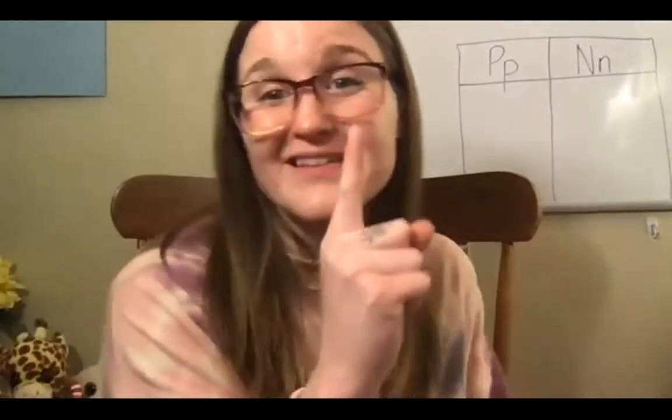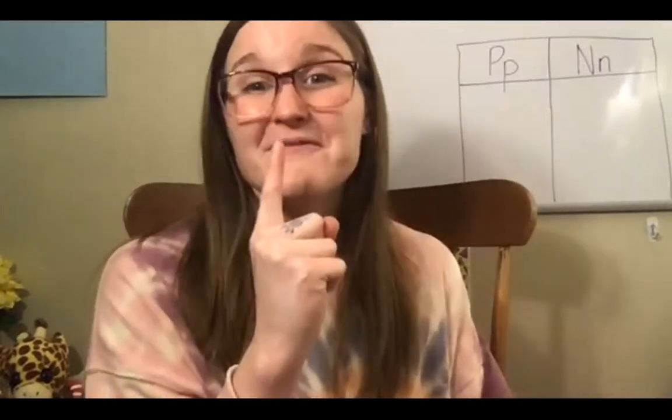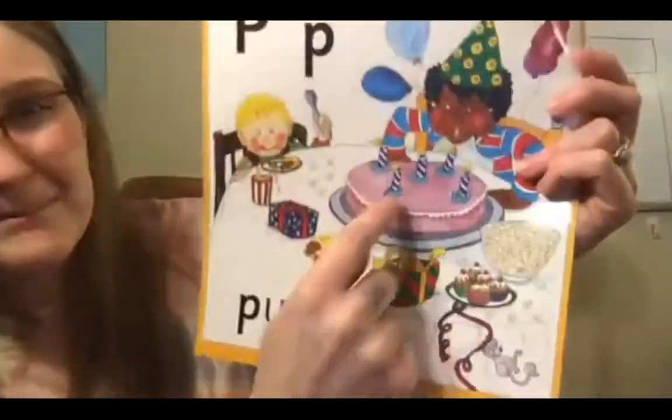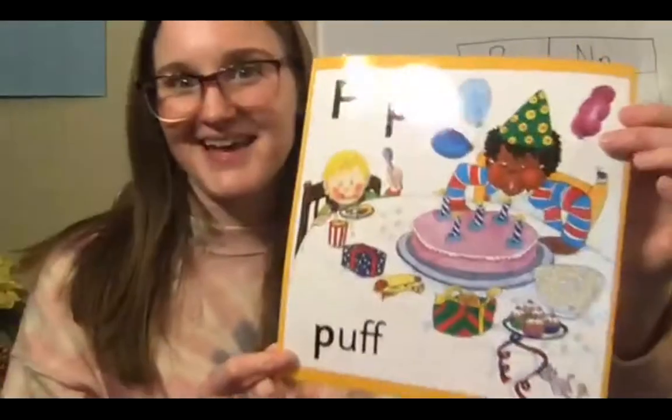We put our finger up just like it's a candle. Puff out the candles on the pink pig cake. Puff, puff, puff. And this is the picture for P, puffing out the candles. There he is, puffing out the candles on his birthday cake, on his pink birthday cake.